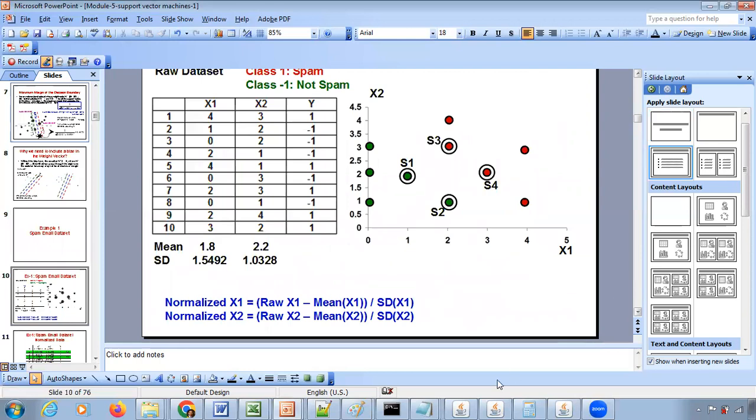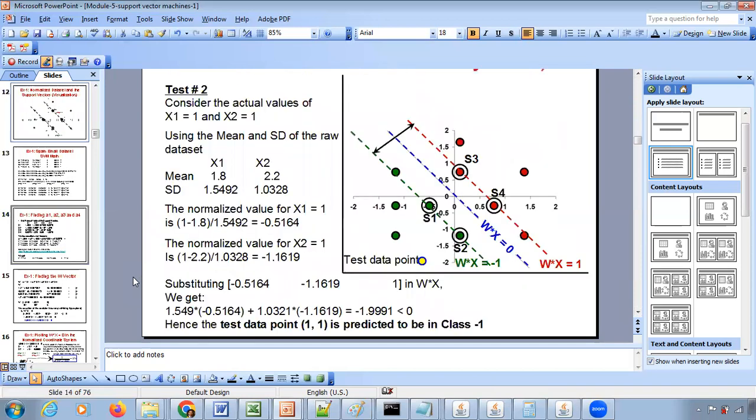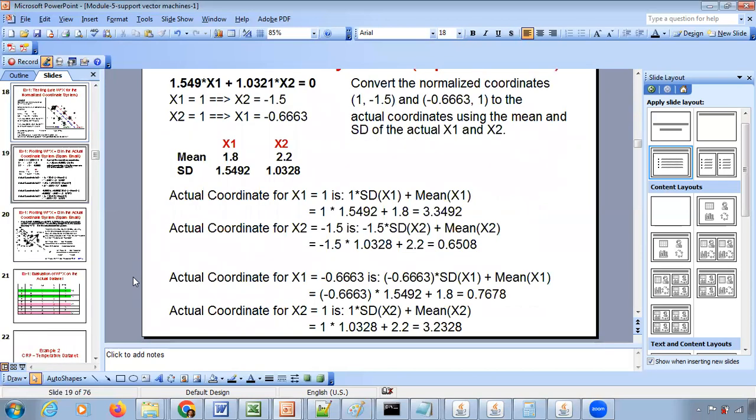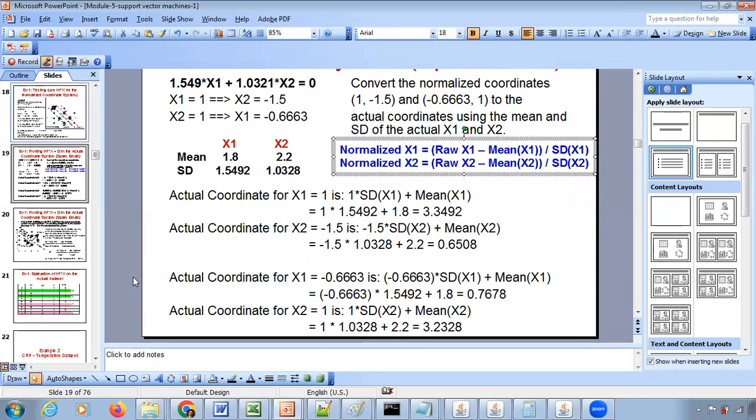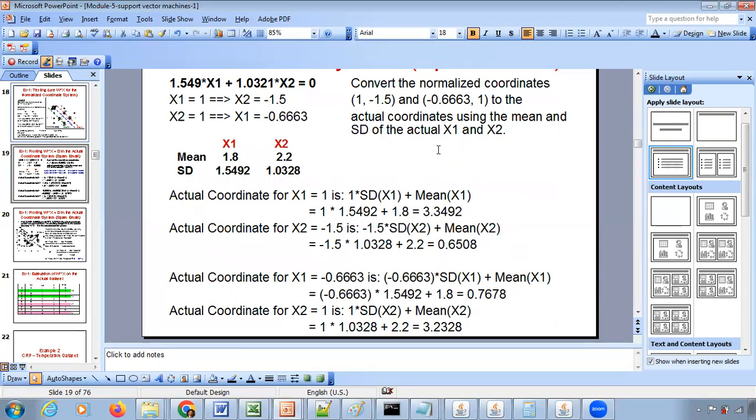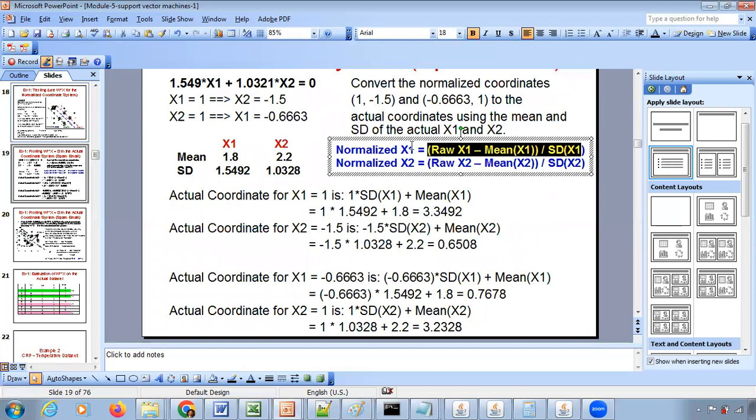To get the normalized value from the raw data, you do this: raw value minus the mean of x1, the whole thing divided by the standard deviation of x1, to get the normalized x1. So now we have normalized x1, the mean of x1, and the standard deviation of x1.